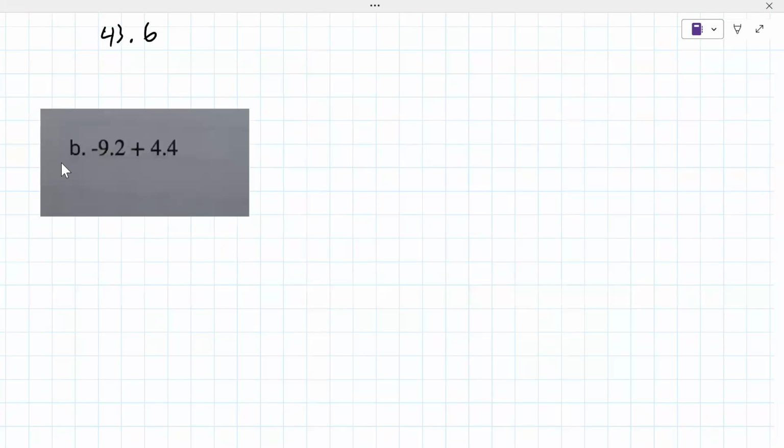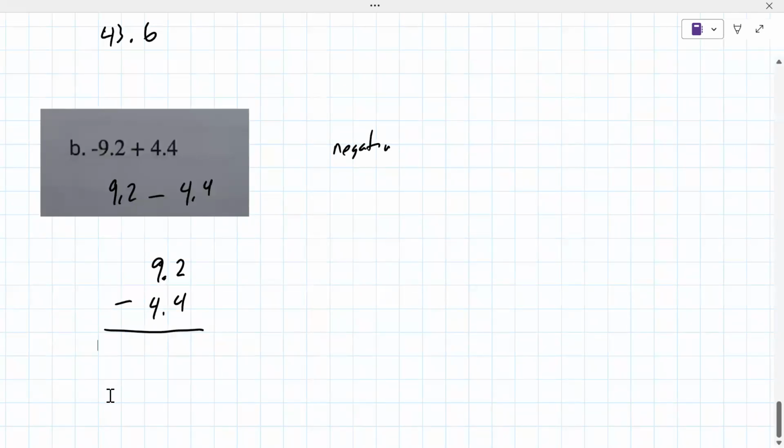Negative. So we know the answer is negative. Maybe just make a note of that. Then you take the numbers without the sign and you subtract them, the larger minus the smaller. But you know the answer is negative, so whatever you get, you're going to put a negative in front. That's the better way to do it. I got negative 4.8.